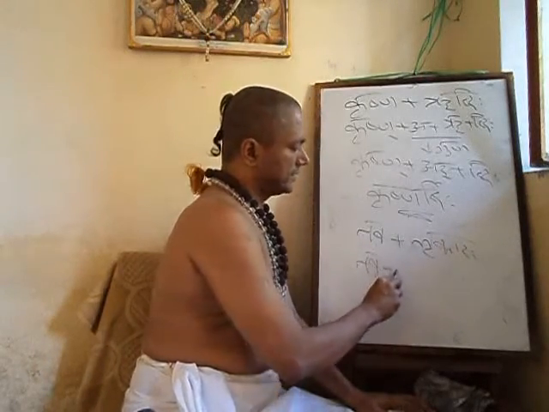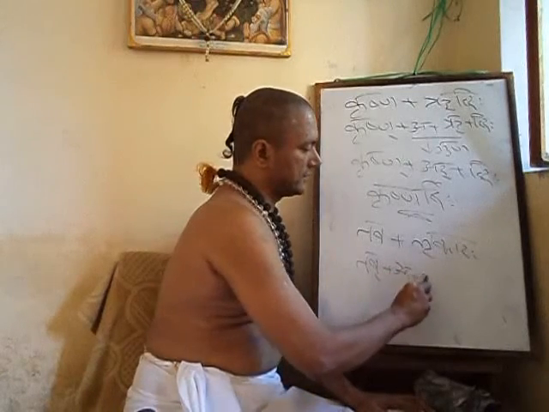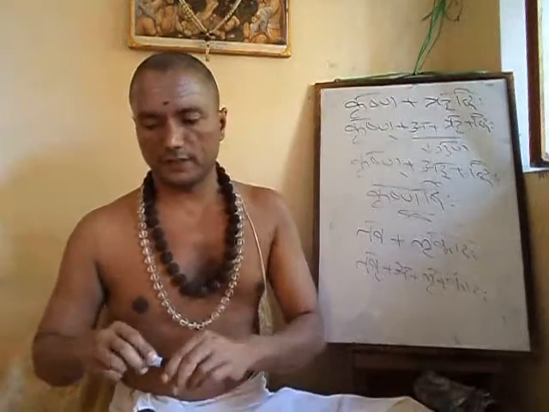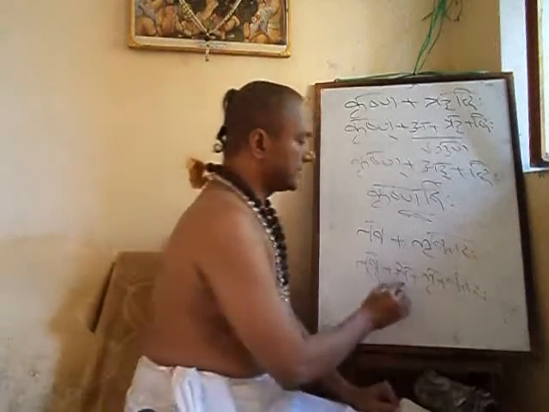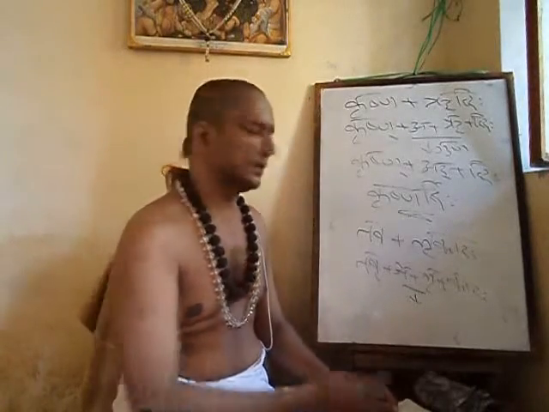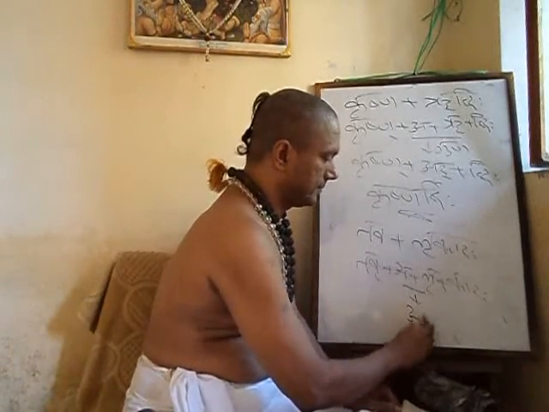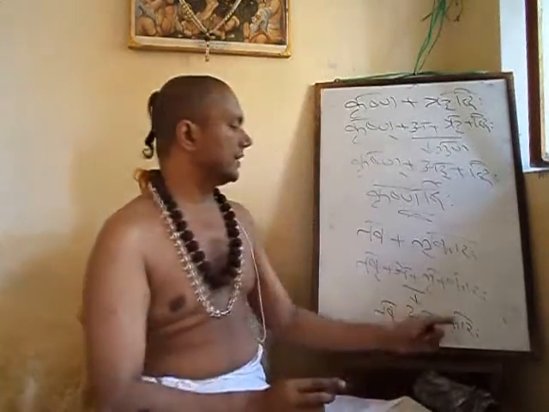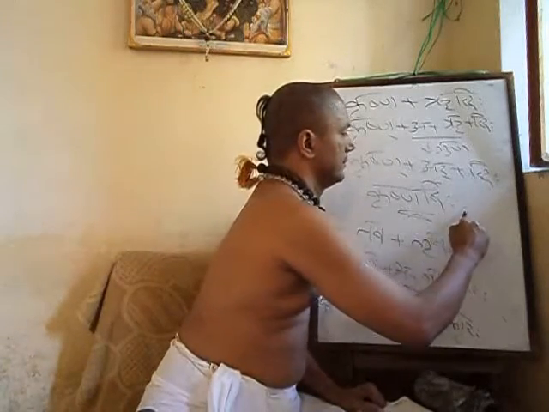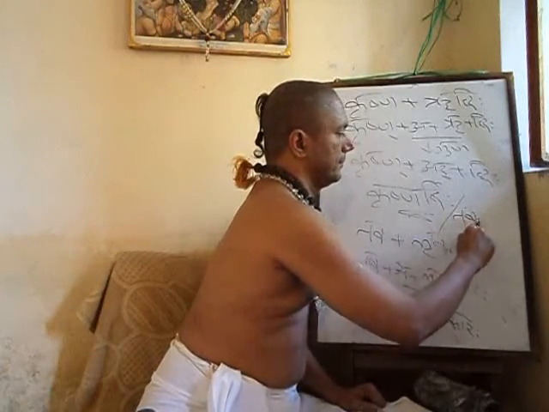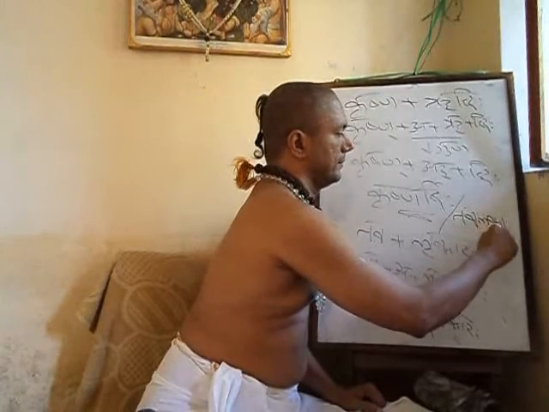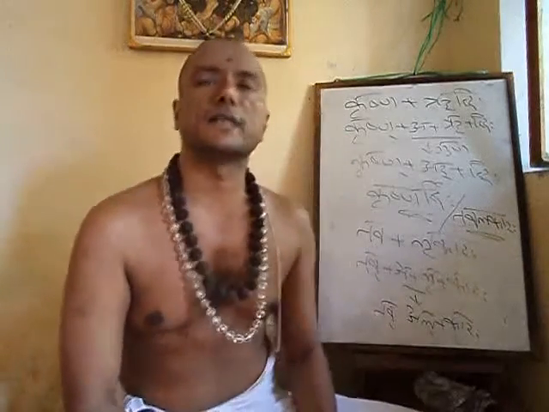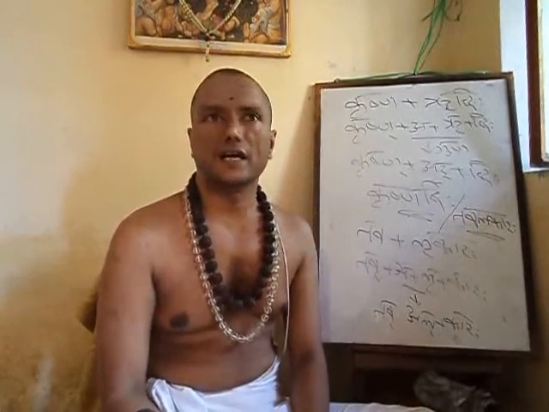Tava plus A plus R plus Karaha. A plus R is Guna, Al, plus Karaha. Tavalkaraha. Tava plus Rikara becomes Tavalkaraha.